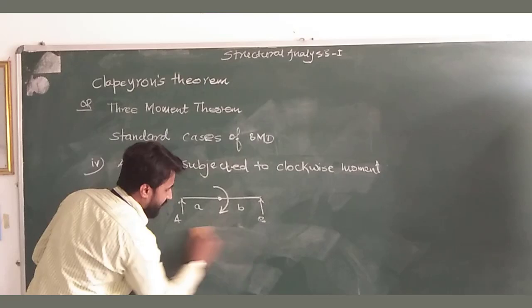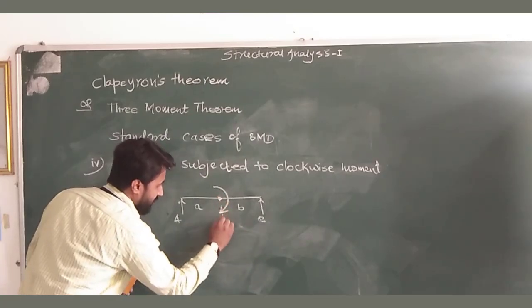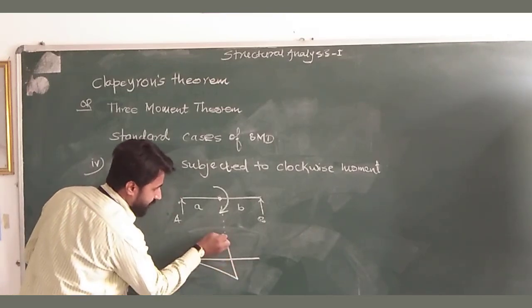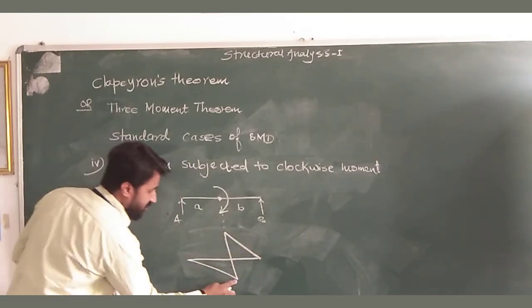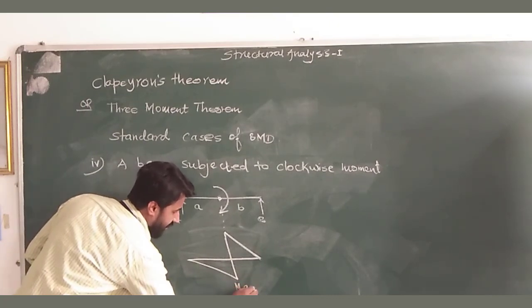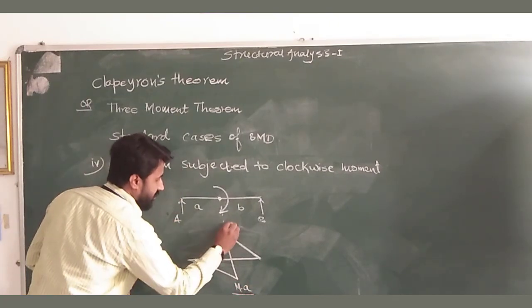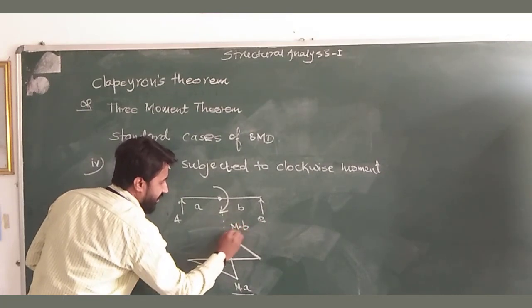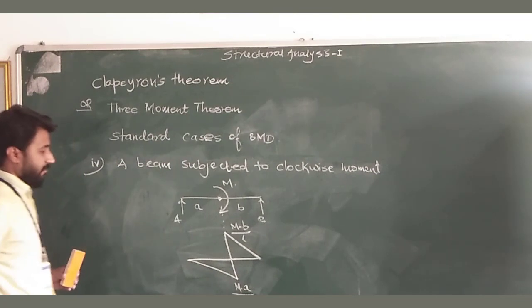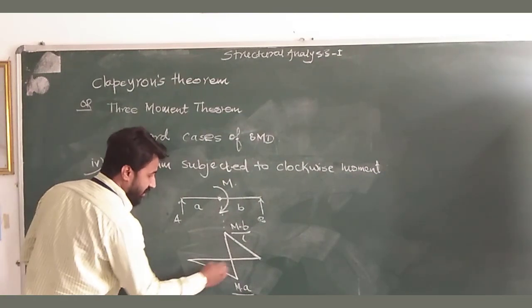The diagram is correct, but as per the location of this, we must draw like this. So this magnitude must be equal to moment a divided by L and moment b divided by L, if the span is L. Okay, so this is the negative side and this is the positive.